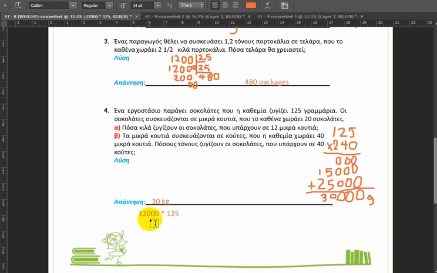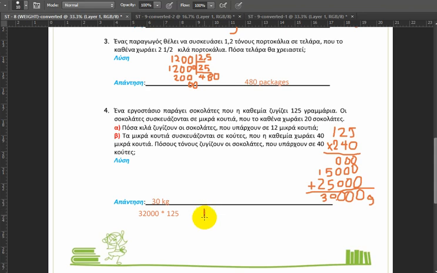So I need to do 32,000 times 125. Or I can just do 125 times 32, and then whatever I find, I'm going to add another 3 zeros at the end. So 125 times 32, and I'm going to add 3 zeros to the end.